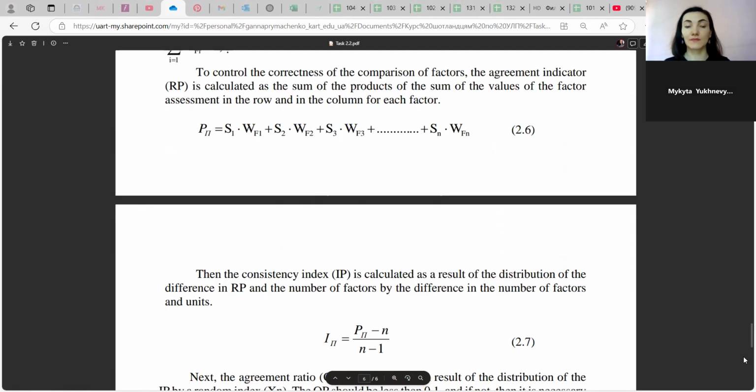Two points after the comma or three? Yes, 2 points after the comma will be enough.